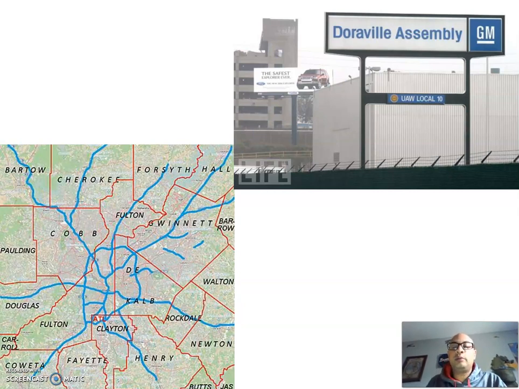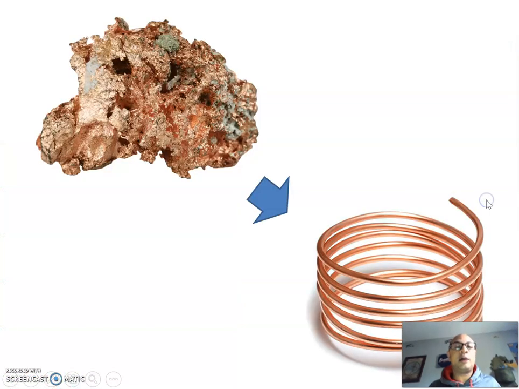Okay, so what would be some examples of this? Well, a great example of this that I can share with you is the example of copper. Generally speaking, one of the major uses of copper in the United States is for copper wire. But when you mine copper, obviously, it doesn't come in that form, right?